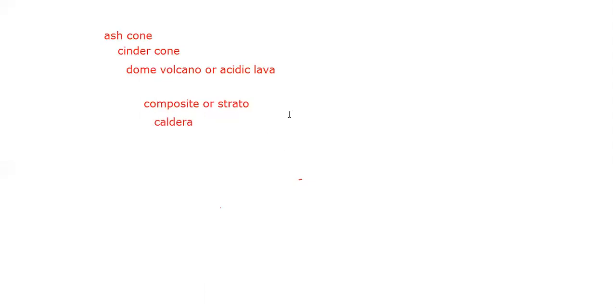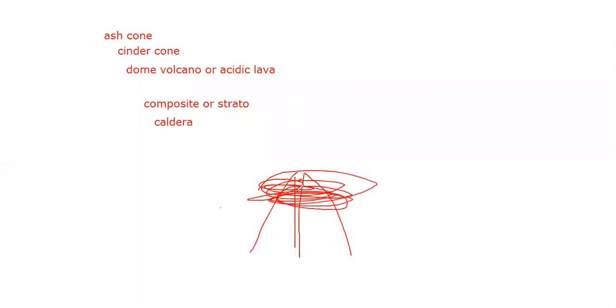So what would happen is that you'd have this huge volcano. Pretend that a main vent is there, and you'd have this large, very explosive eruption, and therefore all of this area would collapse.